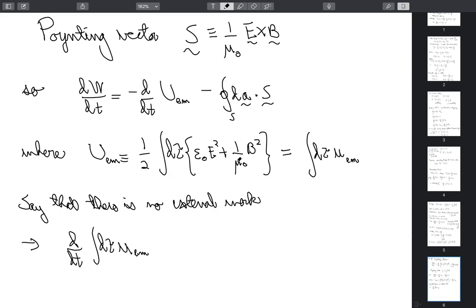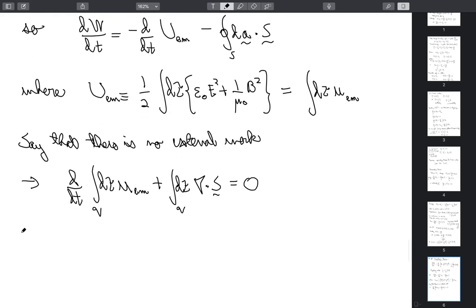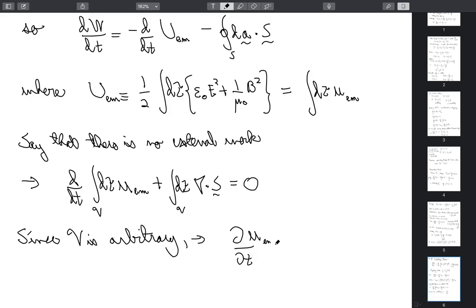So I'm just writing the right-hand side here explicitly, plus, I can again undo the divergence theorem here, again do the integral over the volume, but now of the divergence of S, over a certain volume here, and then since V is arbitrary, what I just get is that the time derivative of the electromagnetic energy plus the divergence of the Poynting vector is equal to 0.